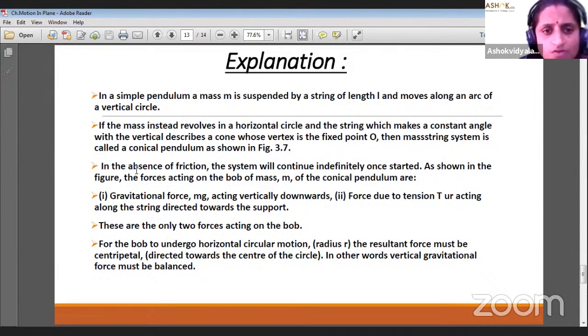In the absence of friction, the system will continue indefinitely once started. As shown in the figure, these are the forces acting on the bob of mass m of the conical pendulum.